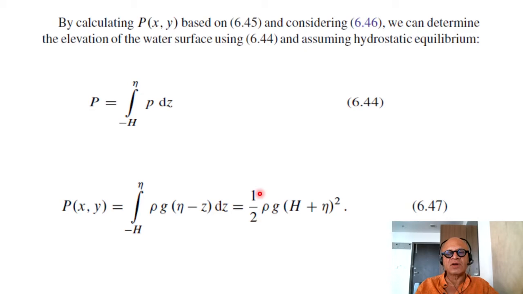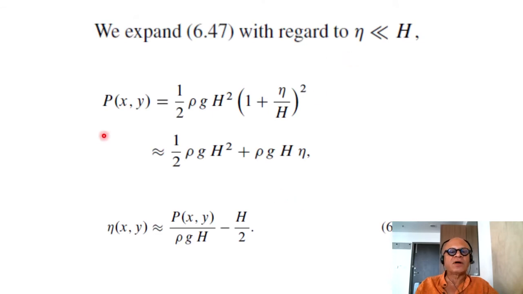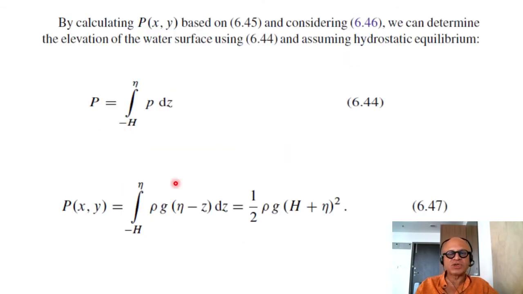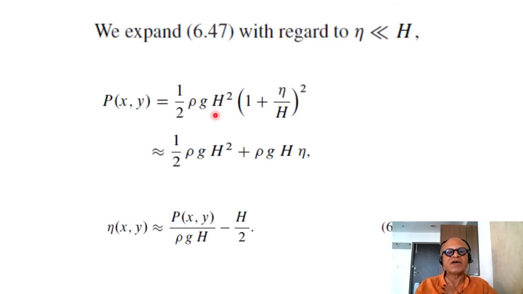That gives us 1/2 of rho g times (h plus eta) squared, and since eta is much less than h, we can write this as P(x,y) equal to half rho g h squared times (1 plus eta over h) squared. Nothing changed here, but when we expand this, 1 plus 2 eta over h plus eta squared over h squared. The last term, eta squared over h squared, is too small because eta is much smaller than h.